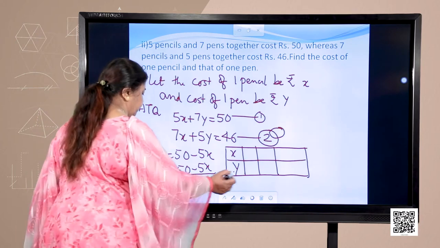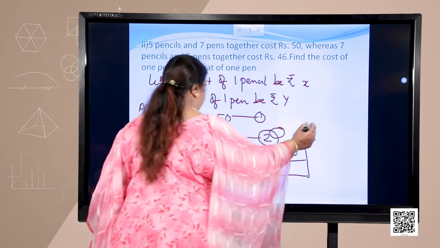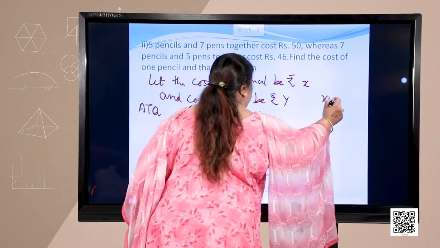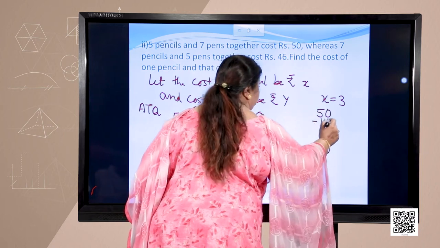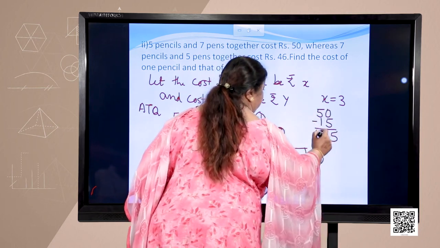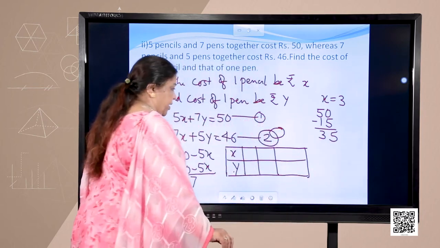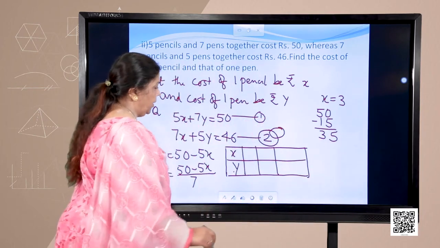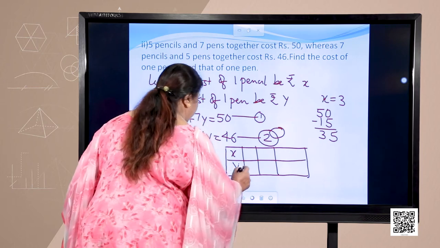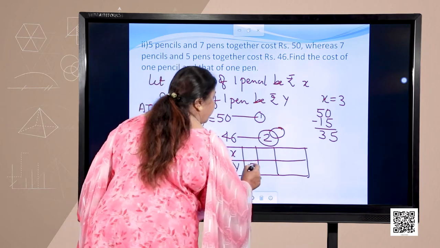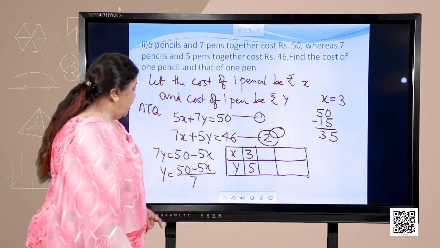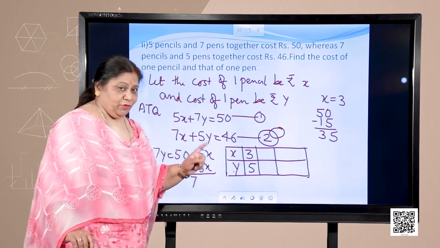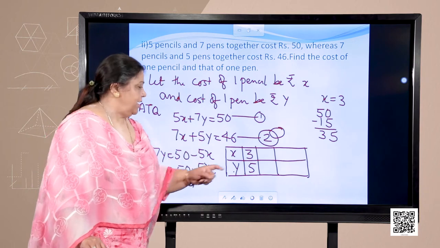Let us see here. If I take x is equal to 3, 50 minus 15 gives me 35. So, 35 upon 7 is 5. Point is 3, 5.